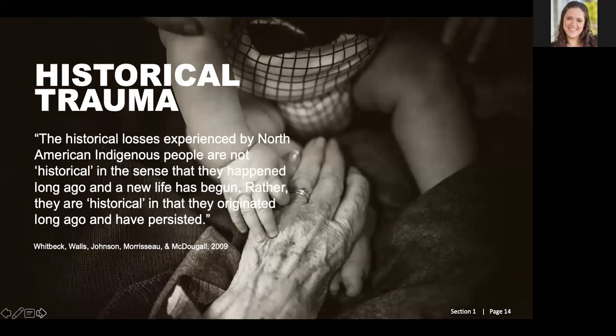Instead of growing up as cherished members of wholesome families, they experienced the trauma of separation and endured maltreatment and neglect in the boarding school setting, and often returned home to their families and communities as strangers.